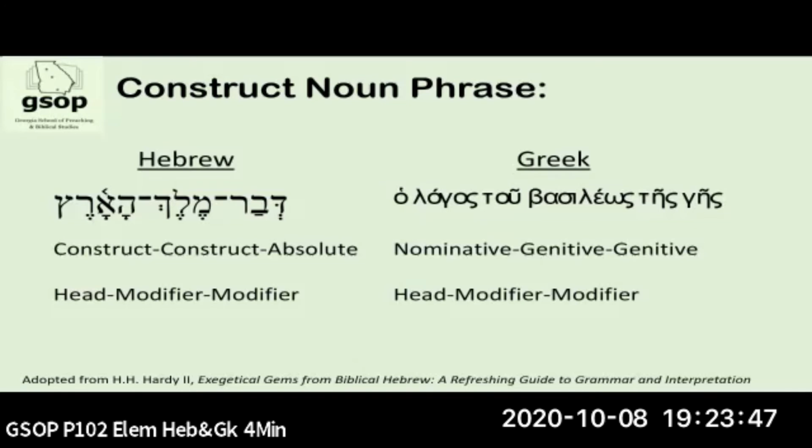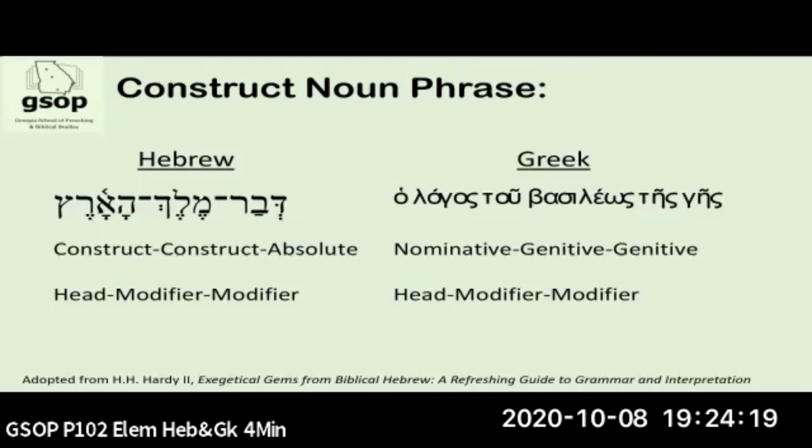You got the article ho, you got the omicron sigma ending, that's the nominative case, and then you have the genitive case for the article tou, the genitive case for basileos, that's the king, and then you have tes, ges, both the article and the noun ges in the genitive case, the land. So the word of the king of the land. Same thing as how they do it in Greek with genitive, but in Hebrew, they put it in the construct form.